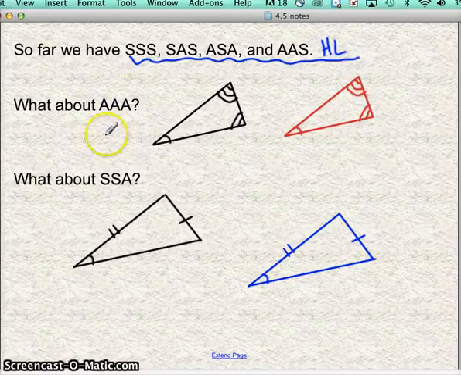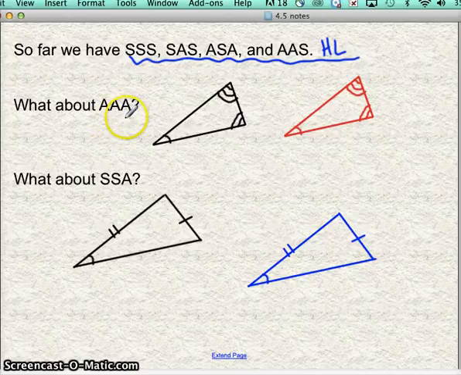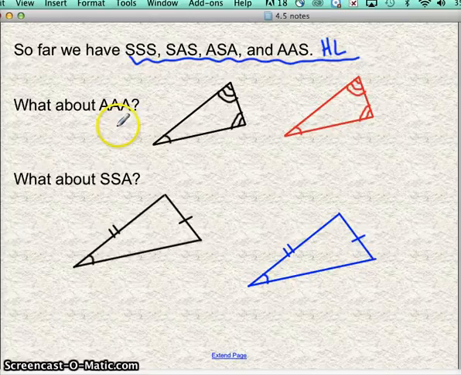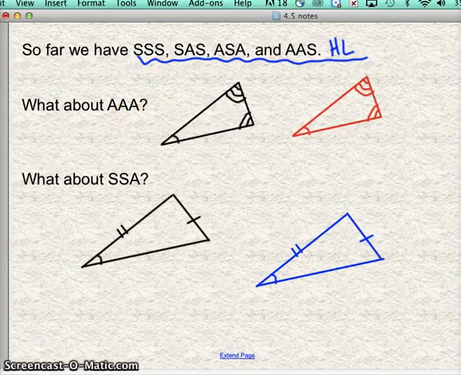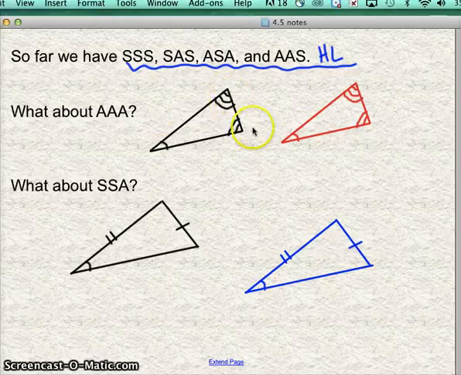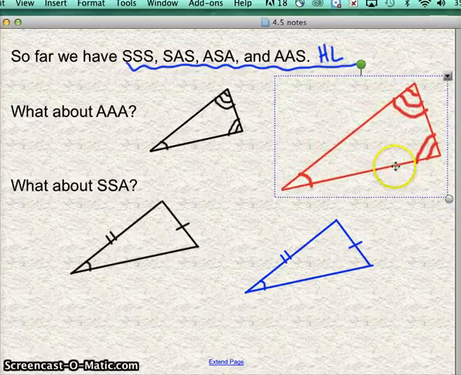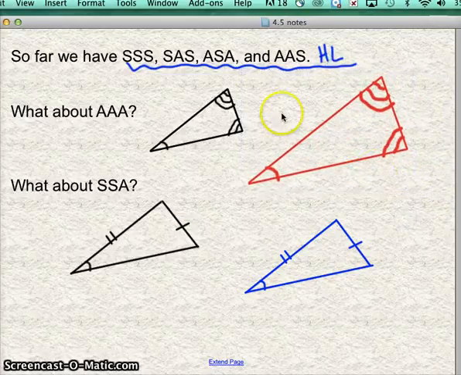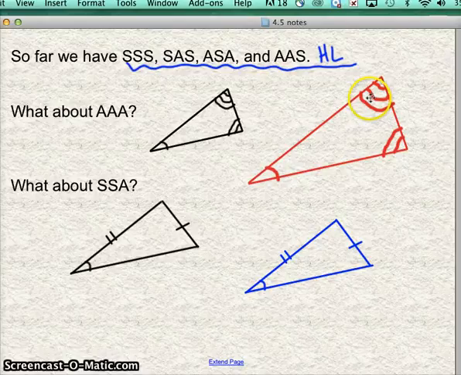Angle, angle, angle's not up there. The reason is because three angles is not enough information to show that two triangles are exactly the same. And let me try to demonstrate that for you, okay? So I've got two triangles here. They both have the same three angles, but angles alone aren't enough because I could blow this shape up and they still have the same angle measurements.